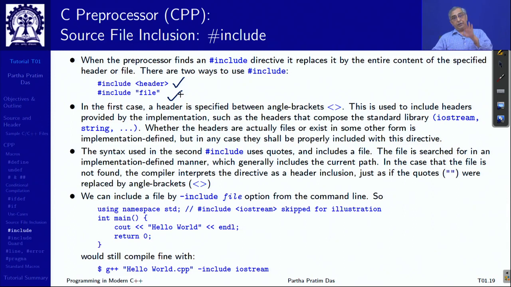You can also include a header from the command line by using -include and the file name. So, you have not given iostream here, but from the build you can do this. Try this out, good fun.